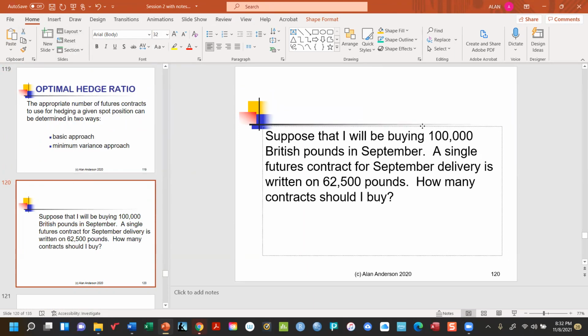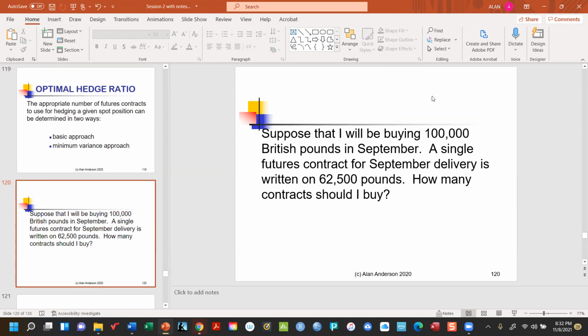Now, we're going to assume in these examples that we're actually hedging much larger positions so that instead of buying one or two contracts, we might be buying 100, so that way we can switch to 99 or 101. So here it's a little bit awkward because our position is 100,000. But if we're hedging a much larger position, then we have a lot more flexibility with the number of contracts that we might want to buy.